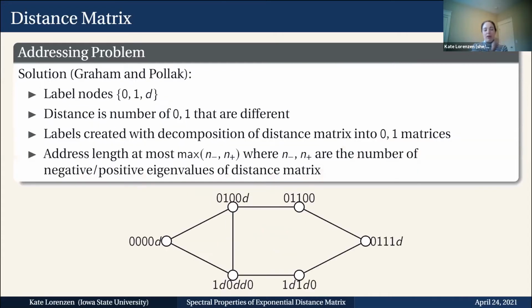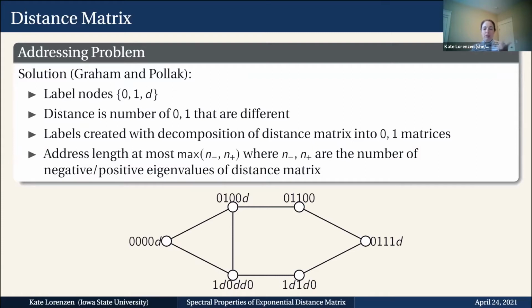This was solved by Graham and Pollak, and it used the distance matrix and being able to decompose it in order to create an addressing system, where each vertex is labeled with 0, 1, or a don't care bit.